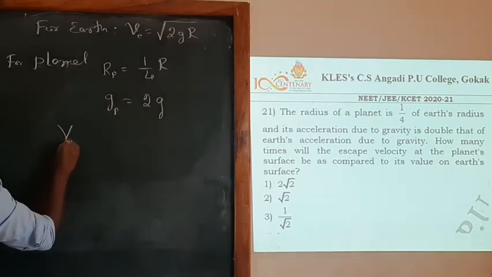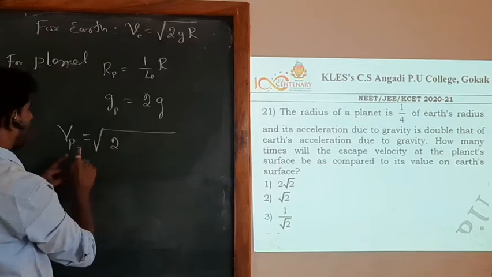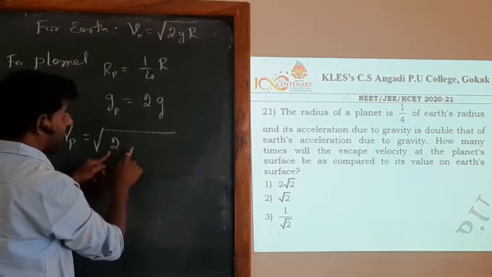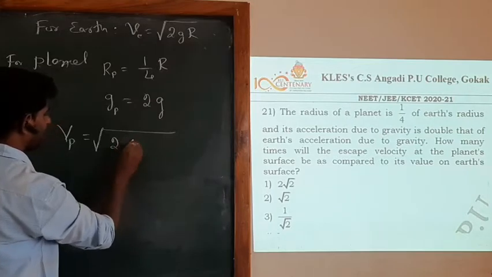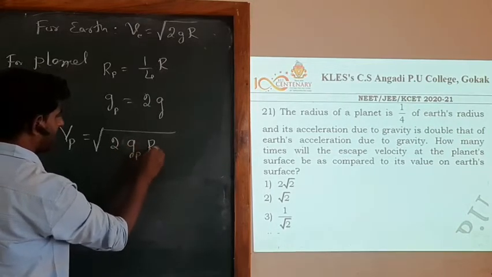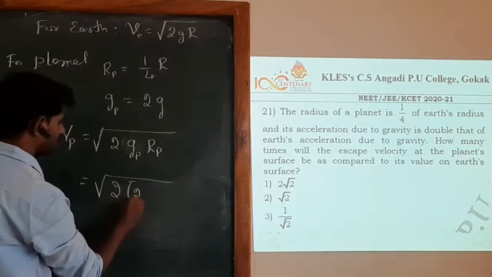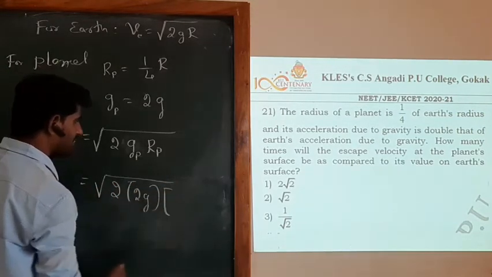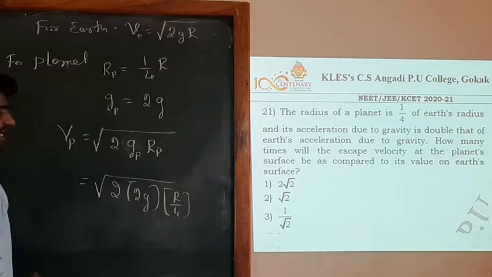Then the escape velocity on that planet is equal to root of 2 into acceleration due to gravity into radius. I'll write here gP and RP. So this is 2 into gP value, which is 2 times the acceleration due to gravity on Earth, and R is 1/4 of the radius of Earth.